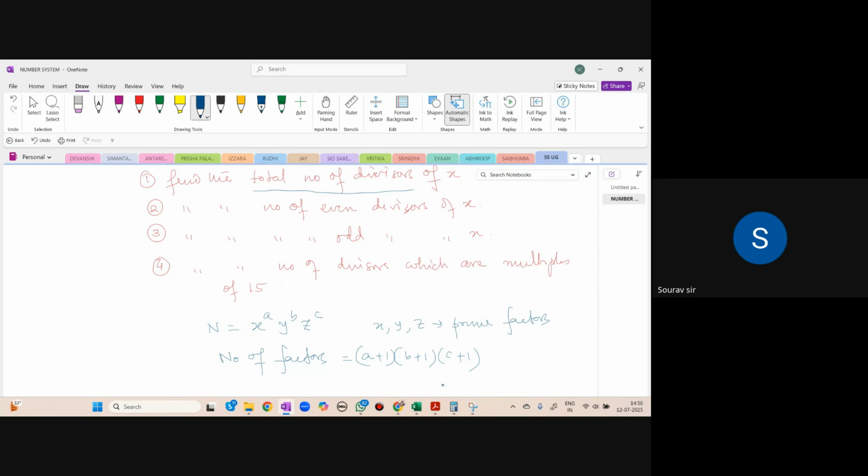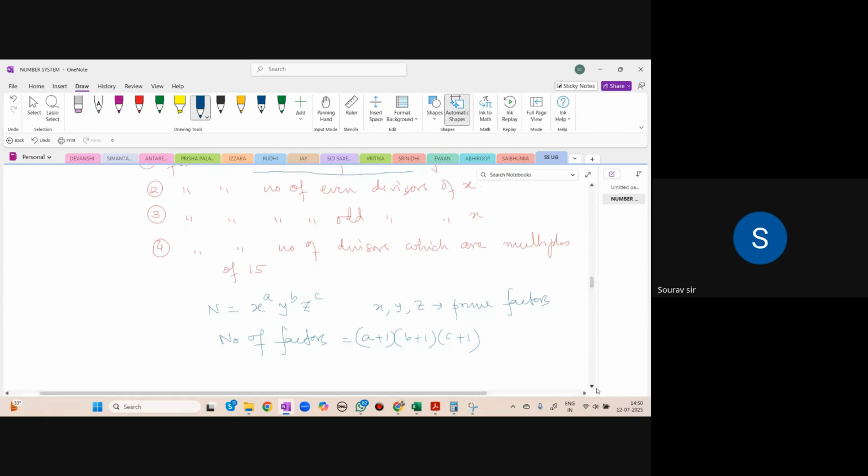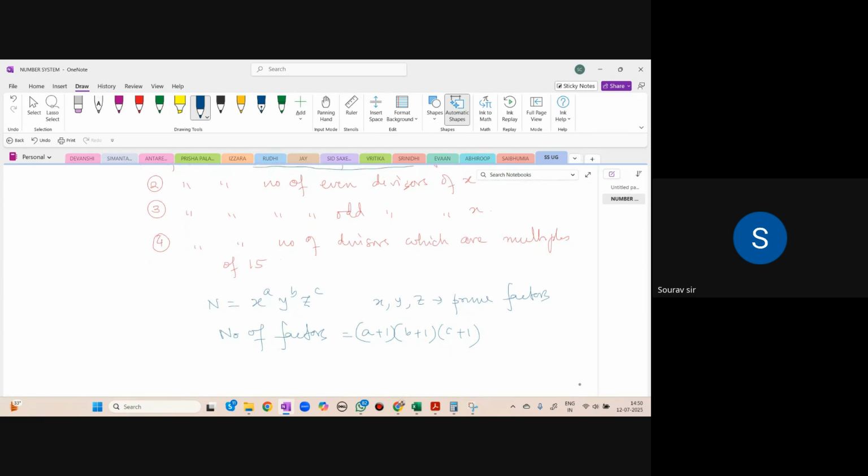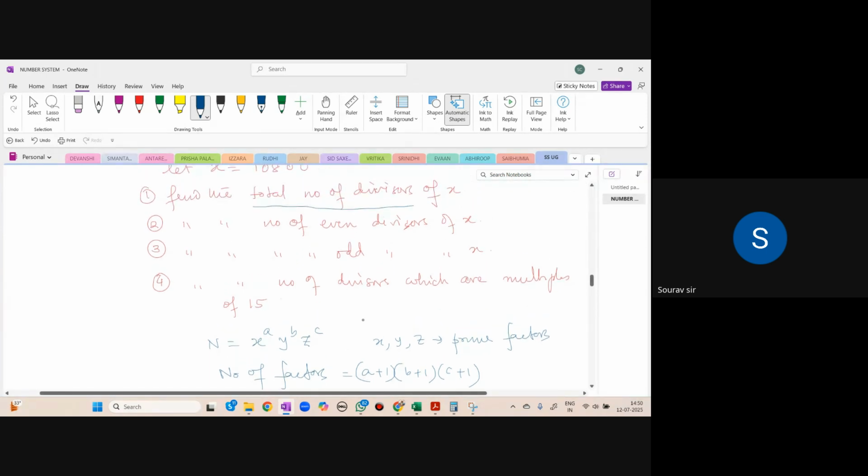And if you have to exclude the number 1 and the number, then you have to subtract 2 from here. But if I tell number of factors, then it will include both. Okay, so factorize 10800.